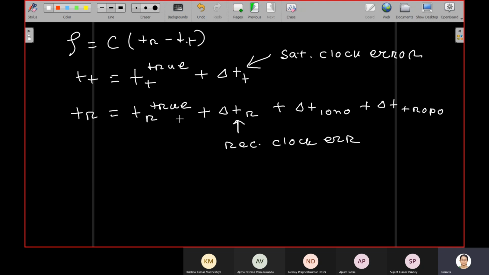Now if we put all these things here, we will also have some epsilon. That epsilon is basically noise and multipath.